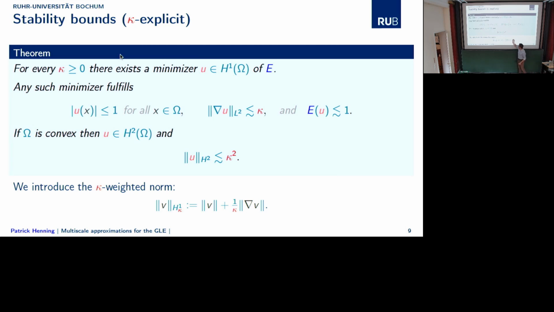The scaling with 1 over kappa makes the two error contributions of the same order. But of course, once you know error estimates in this norm, you can go back and add the scaling again, and you also know how the error behaves in the original H1. Okay, but everything I will present you will be in this weighted norm.